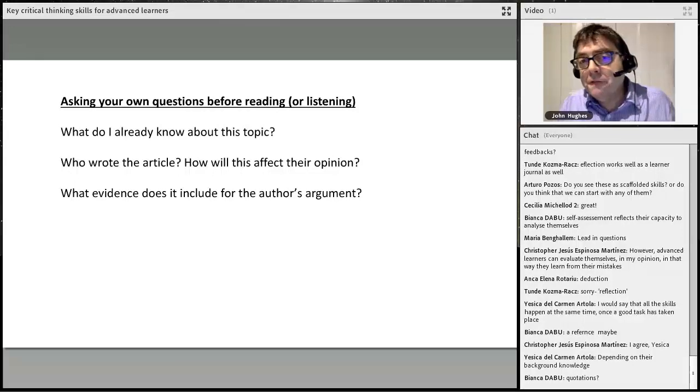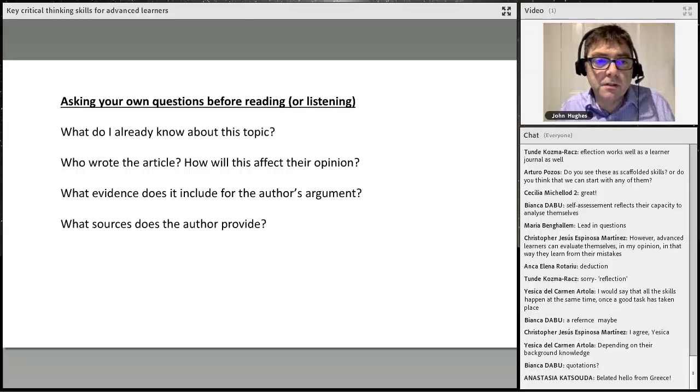Quite often, if an author or a speaker gives an argument, I want to know what evidence they're providing for that. So I'm going to look for supporting evidence, and I want advanced students to look for that evidence. So, Bianca, you're right, it could be quotations, it could be references to sources, it could be research they've done, maybe they've done surveys or something, but I'm looking for that kind of evidence.